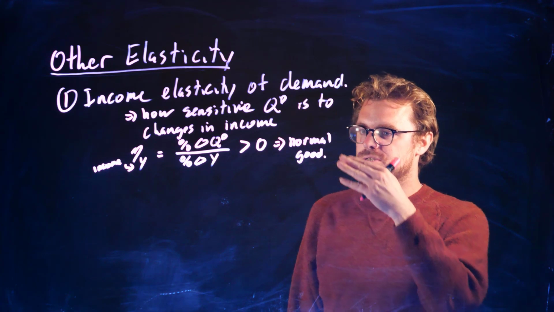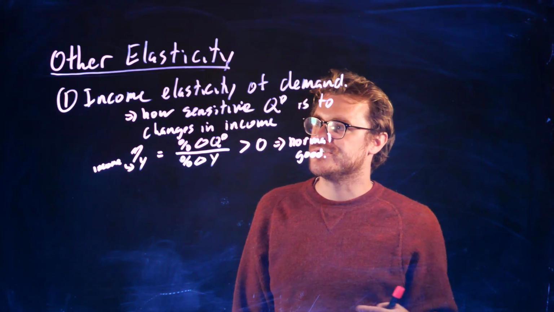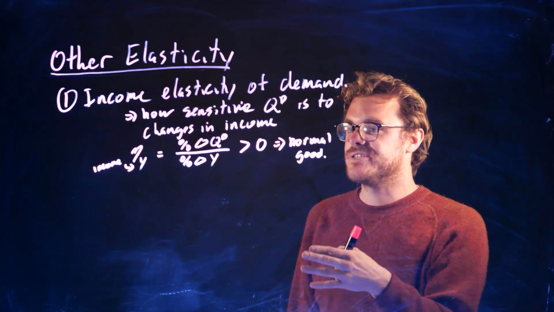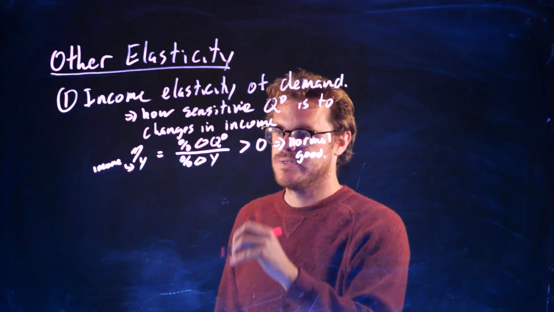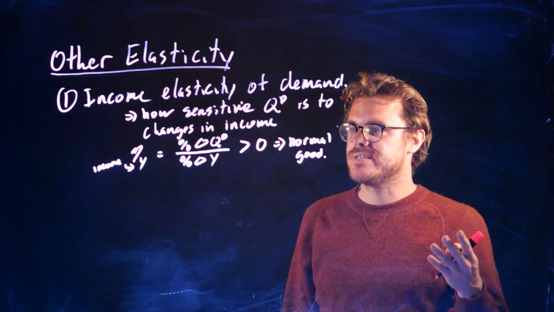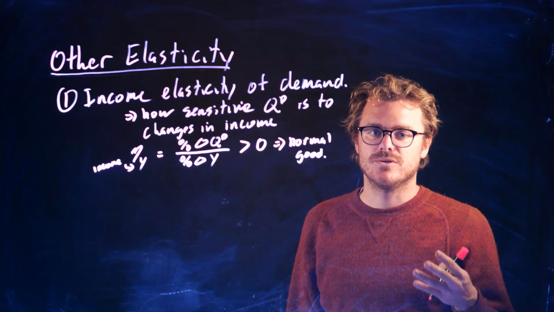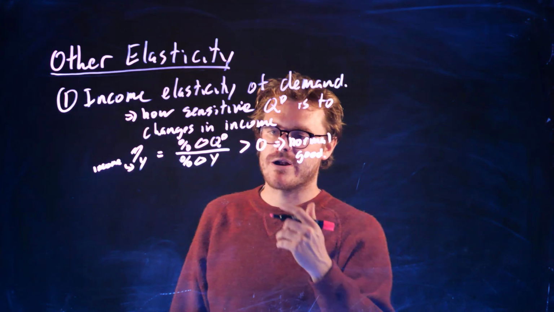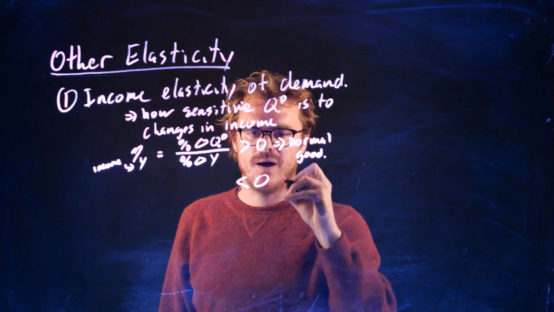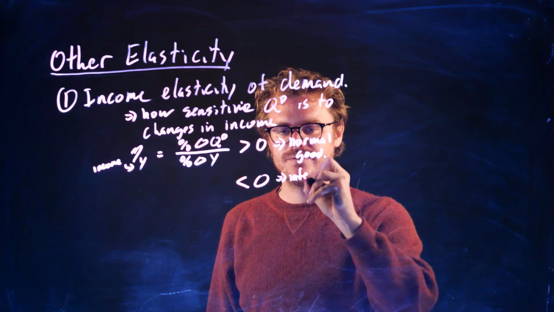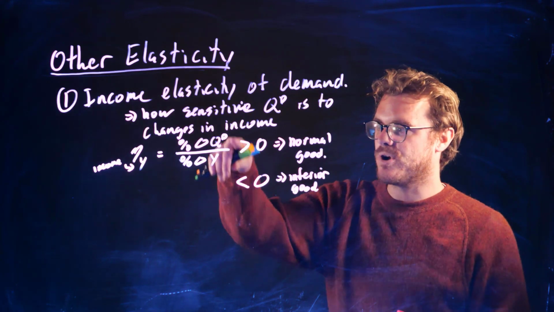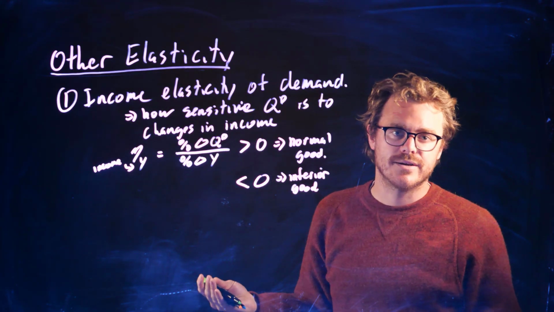So a normal good is a good whose income elasticity of demand is greater than 0. As your income goes up by 1%, the quantity demanded goes up by a positive percent, some number greater than 0. The opposite is going to be an inferior good. Now as your income goes up, your quantity demanded of this good is falling.